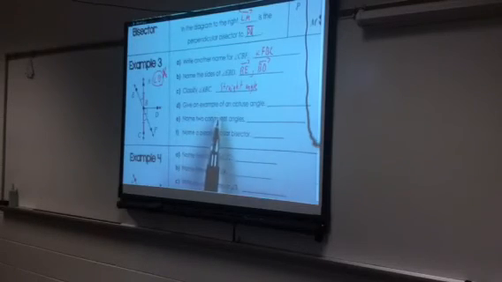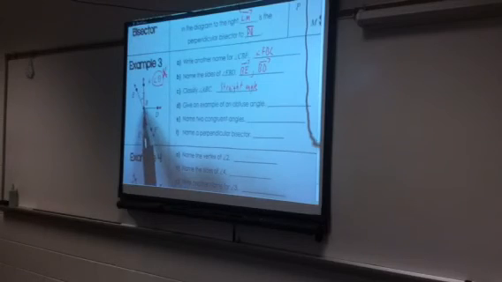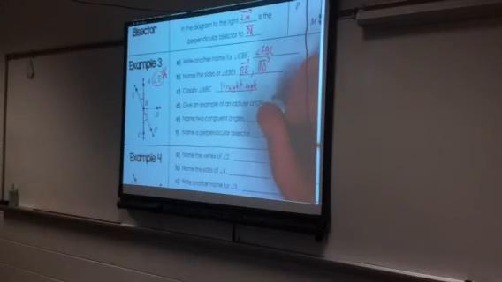Then it says give an example of an obtuse angle. There's multiple answers here that work, but there's also answers that could be wrong. The easiest one I'm going to do is angle CBE, because there's nothing else in that. That would be bigger than 90 degrees, right? So I'm going to say angle CBE.